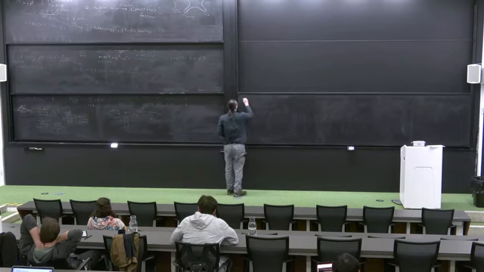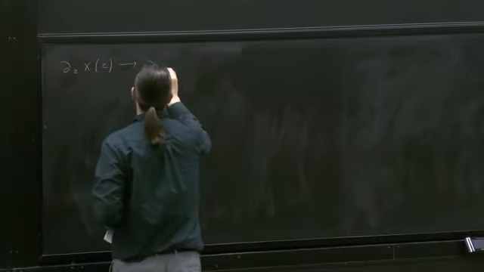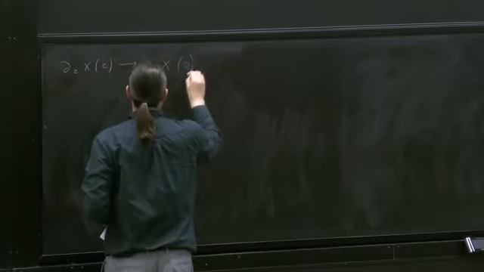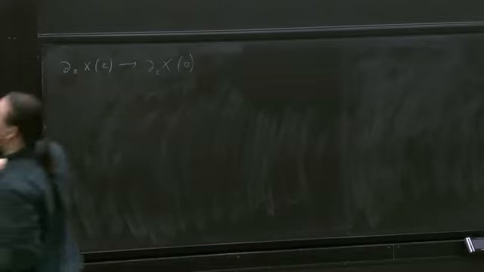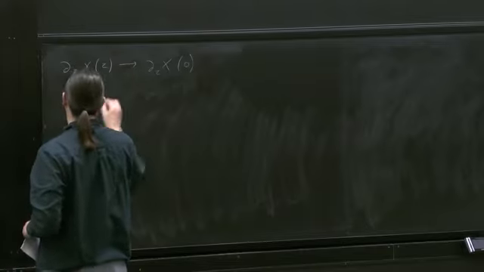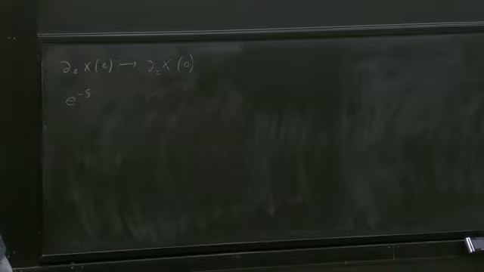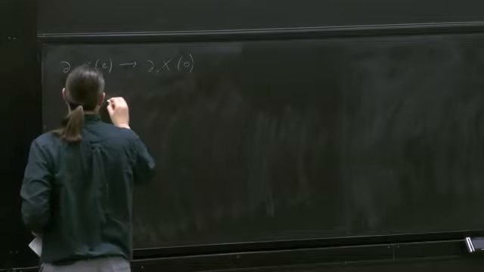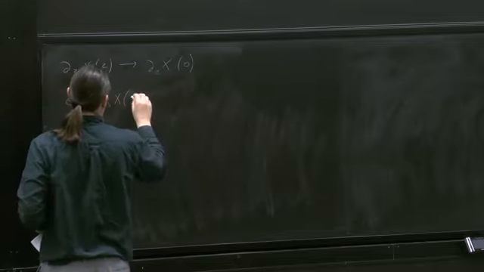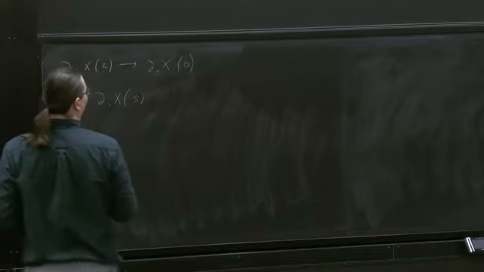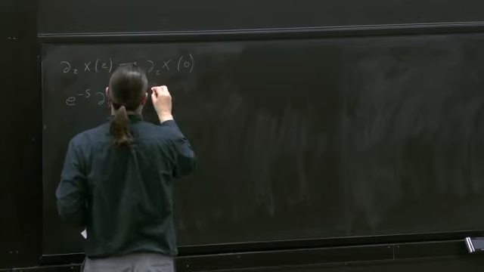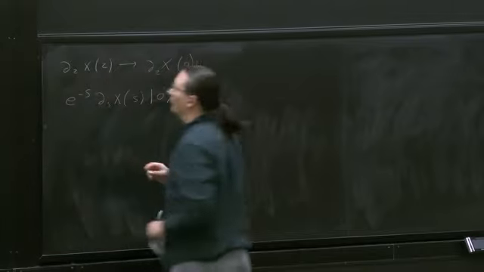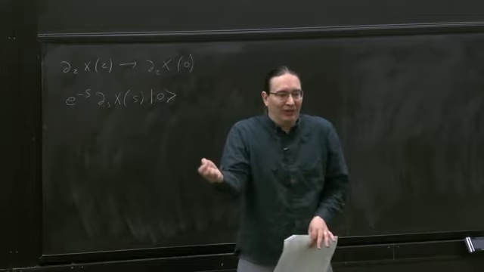So in order to take the dzx as z and send it to 0, what I can do is take e to the minus s dsx as a function of s, and then act on 0 to represent the fact that I didn't have a state, an operator at the origin to start with.